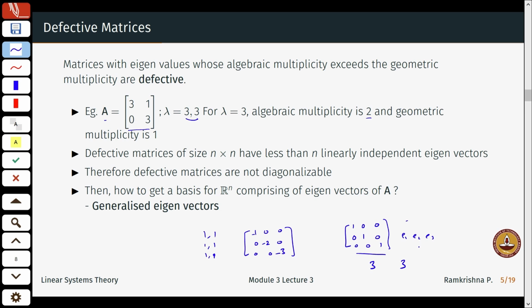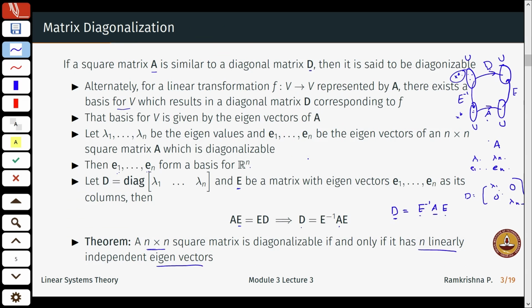In the case of defective matrices, if I compute eigenvectors, there will be fewer than n linearly independent eigenvectors, so they will not span the entire n-dimensional space. And the necessary and sufficient condition, an if and only if condition, was that it should have n linearly independent vectors.